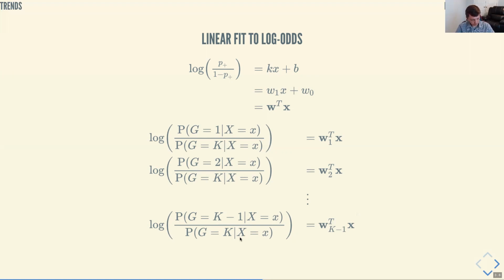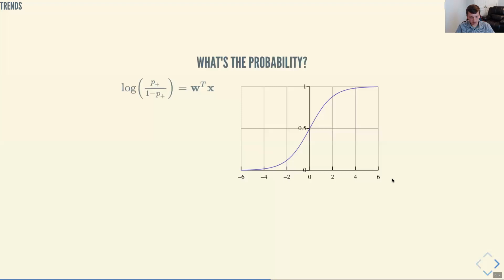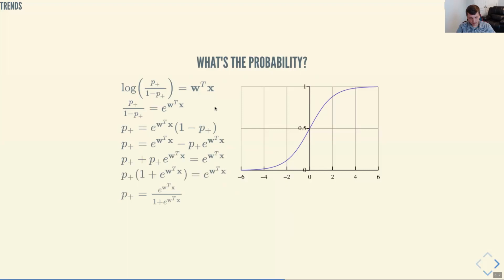You'll see what happens. So when we model our log odds as a weighted linear sum, we can reconstruct and solve for p plus, the probability. And our probability, if you follow through the steps, turns out to be the logistic sigmoid function.